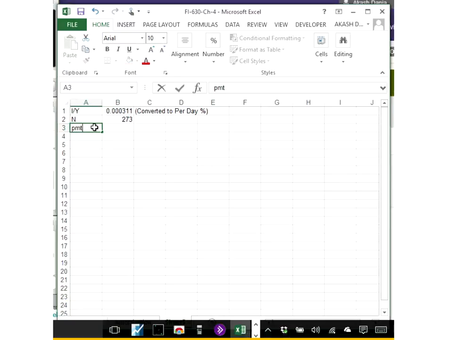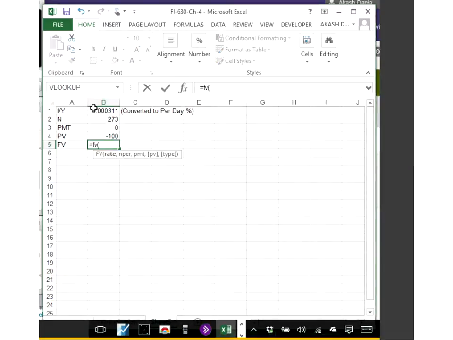So I can delete this, and then N is 273, payment is 0. What else? Present value is -100. Future value we have to calculate.